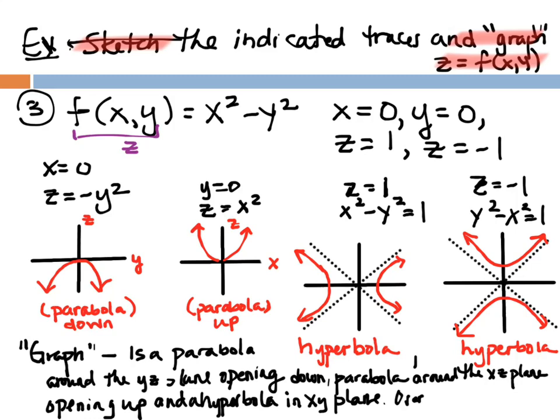And then overall, we call this a saddle. So jot those down, and then we're going to take a look at the three-dimensional shape so you can see it.